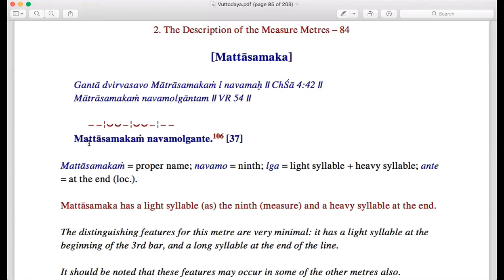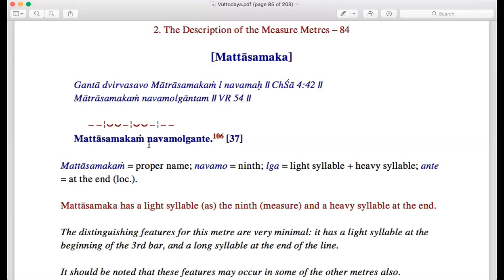Let's check it against the rules. In Matta Samaka, the ninth measure should be a light measure. Mat is 2 measures, ta 2 measures, 4 measures gone, then sa is the fifth measure, ma the 6th measure, kang 8 measures, right? 8 measures are gone. Na is the 9th measure.